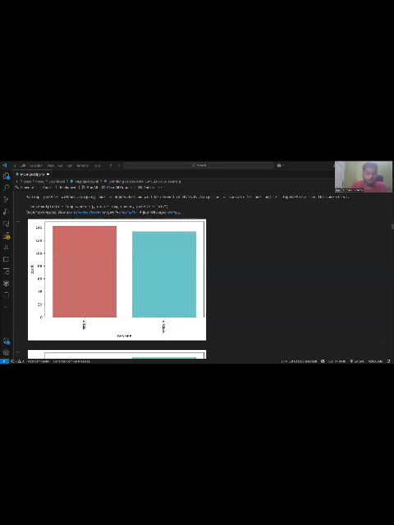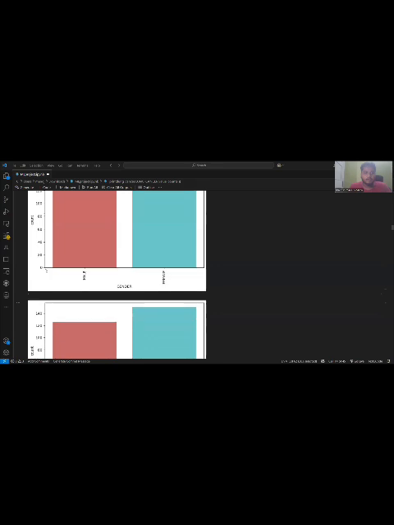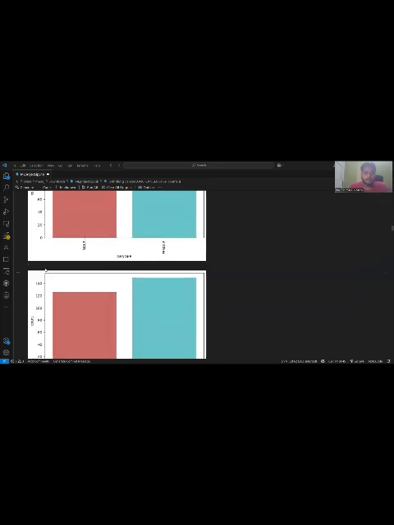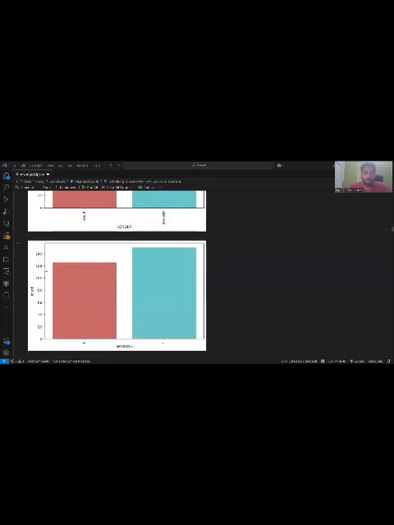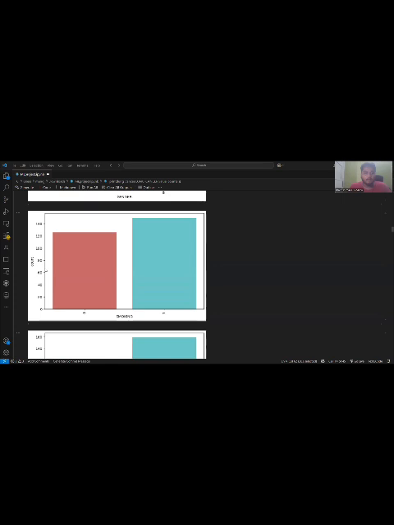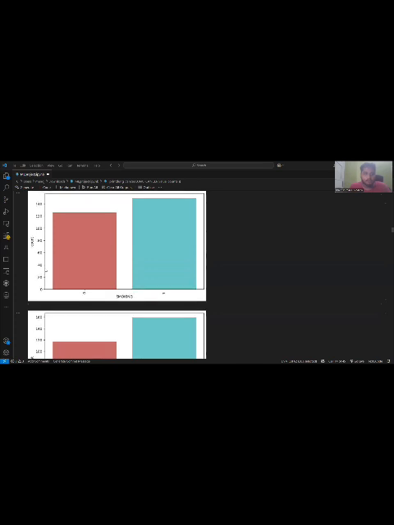The second one is the count plot. It shows the difference between genders, male and female. Male is shown in red and female in blue. It shows the difference between smoking in males and females, with 0 and 1.